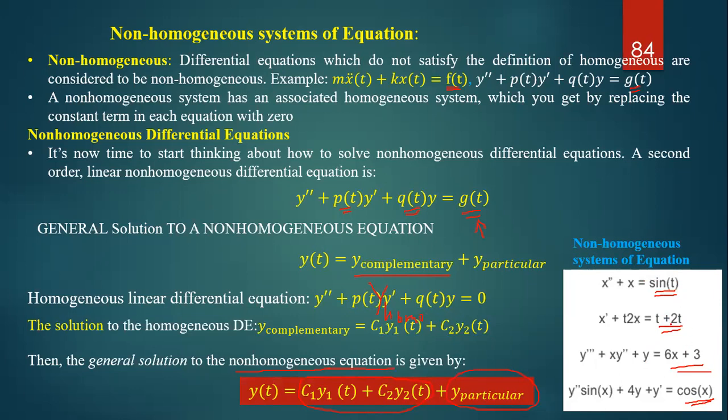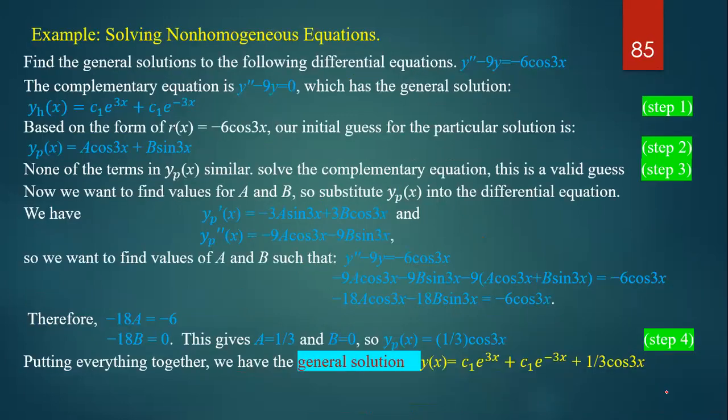For this equation, 2t is kind of linear, so we emphasize this type of equation. Again, for 6x plus 3, we consider this type of linear equation and trigonometric equation.